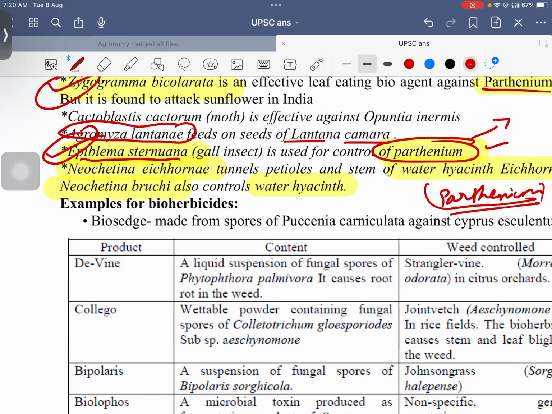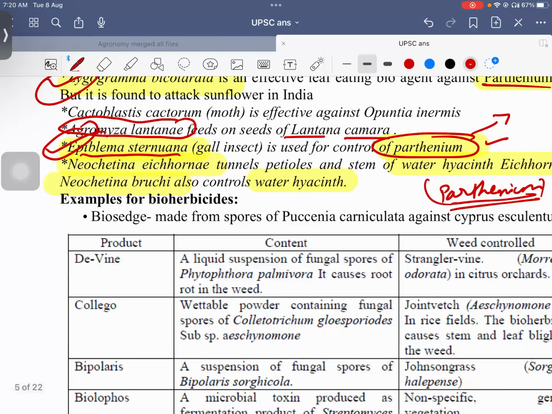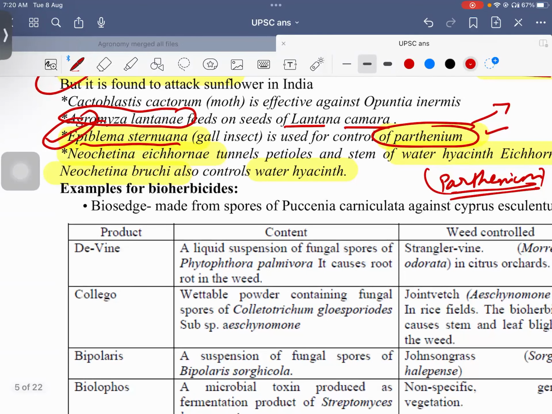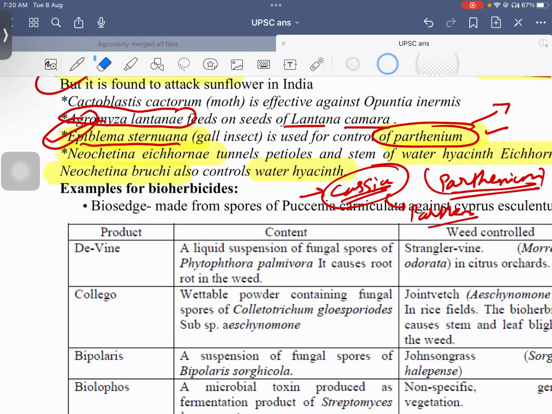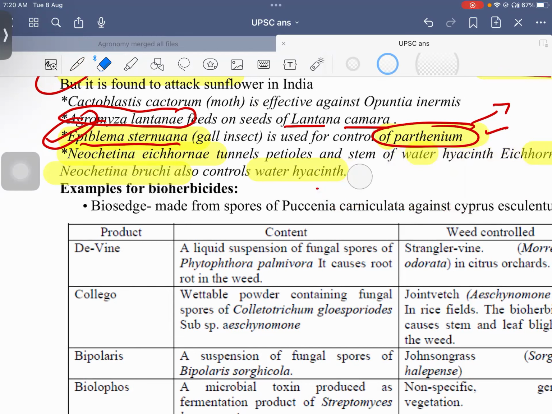This example I don't think you will find in normal books; it is from some specific books. And also we can use some competitive plants, like Cassia species, for the control of Parthenium.